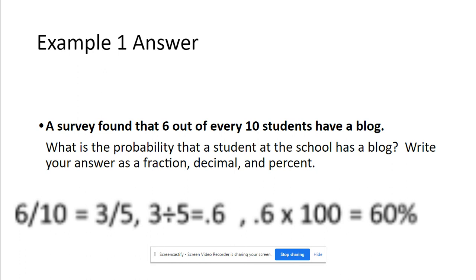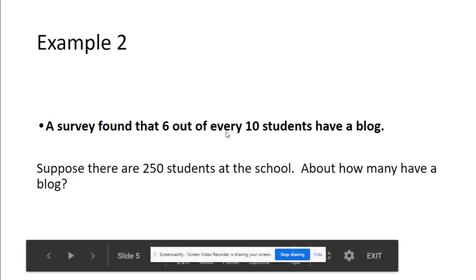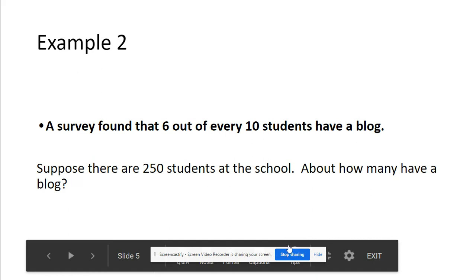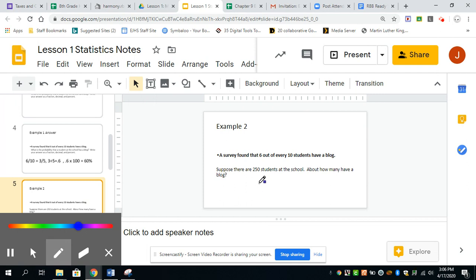And so now question 2 just says, suppose that 250 students are at the school. How many have a blog? So this is where we take what happened in our sample of 6 out of 10 and we increase this to show what's going to happen out of 250 students. So one way that we would do this is by using something that we've already talked about before, where we set up proportions.